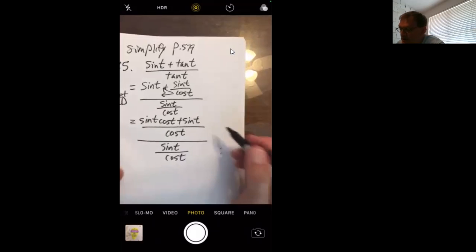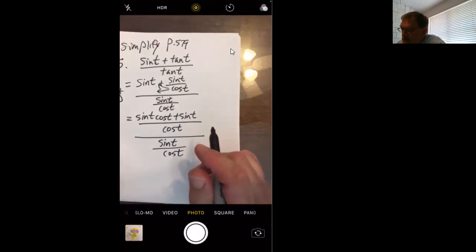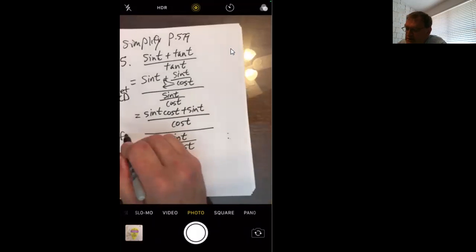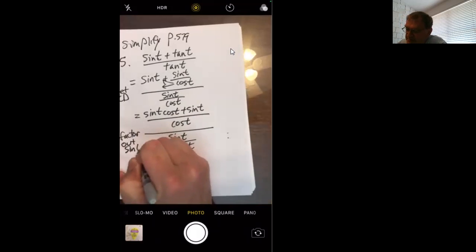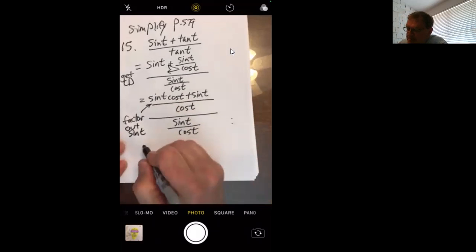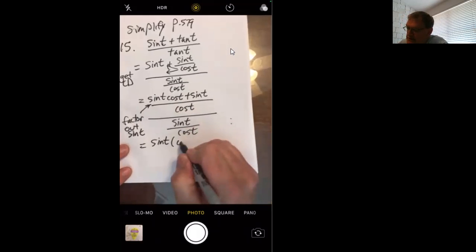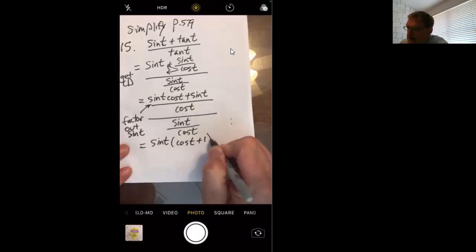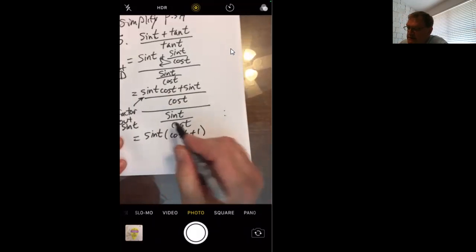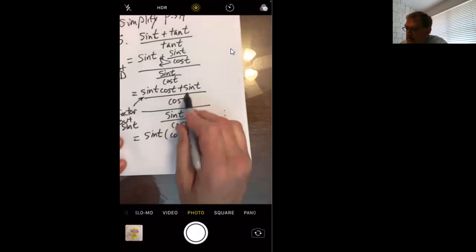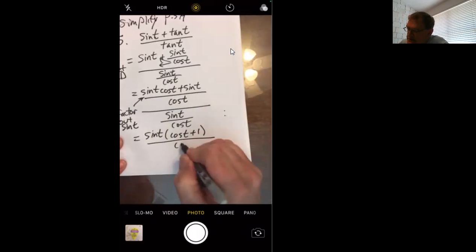I don't know if we're going to get anywhere or not. Let's factor out sine t off that line. Sine t times cosine t add 1, sine t times 1 is sine t, divided by cosine t, all over sine t cosine t.